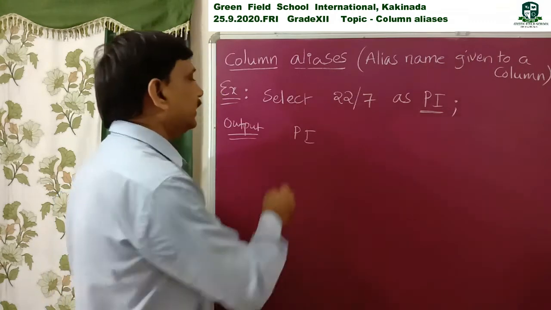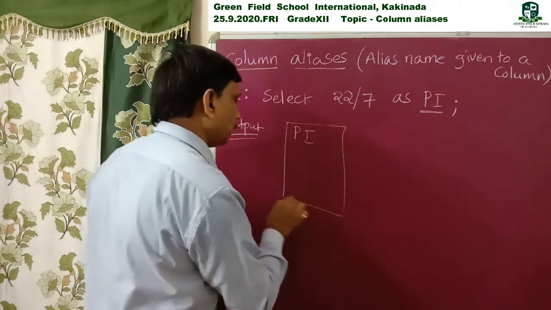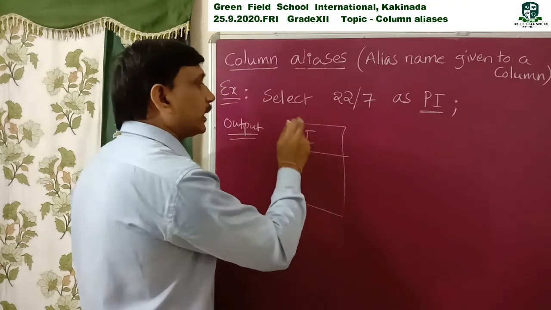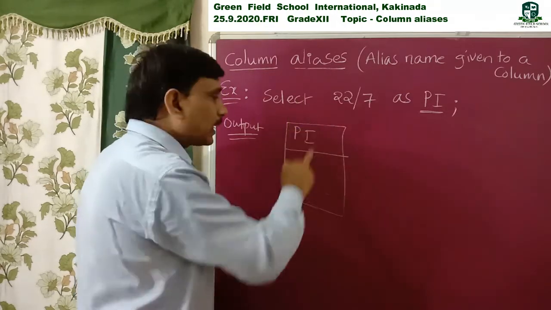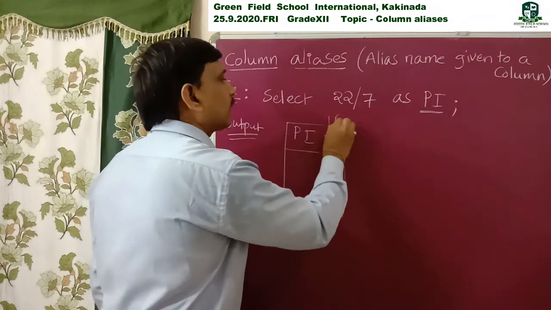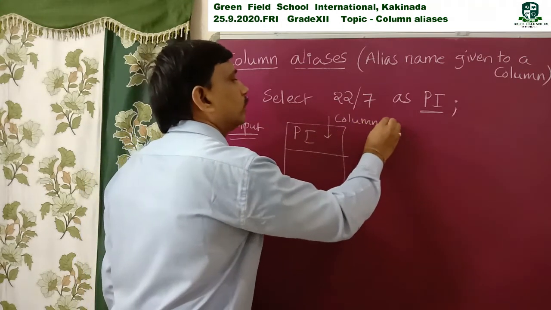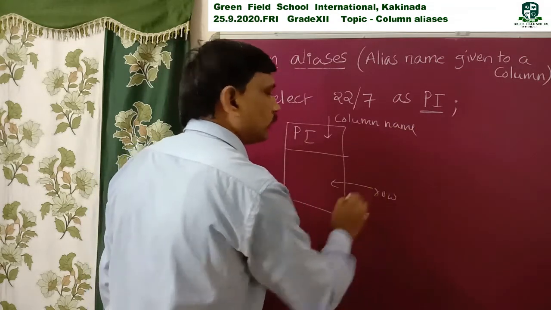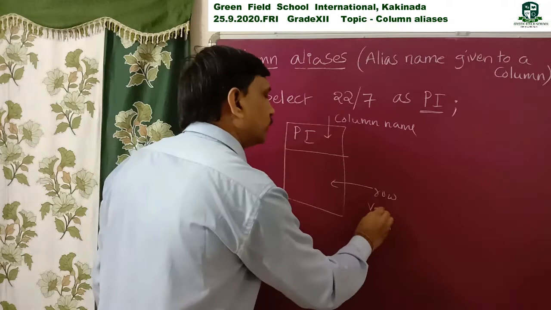Okay, next, it displays the following output: pi, the 22/7 value. It displays a single row and a single column. This is the column name, and this is the row, which displays the value.